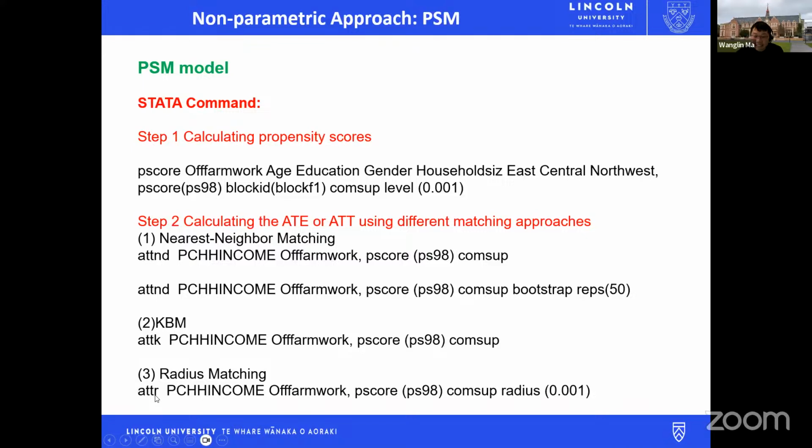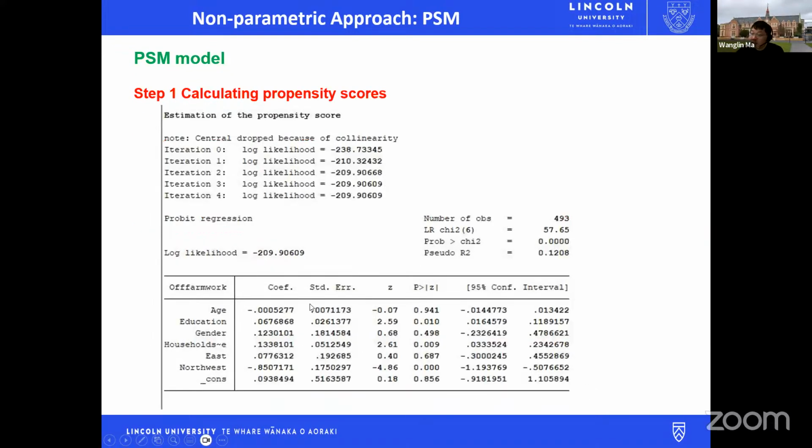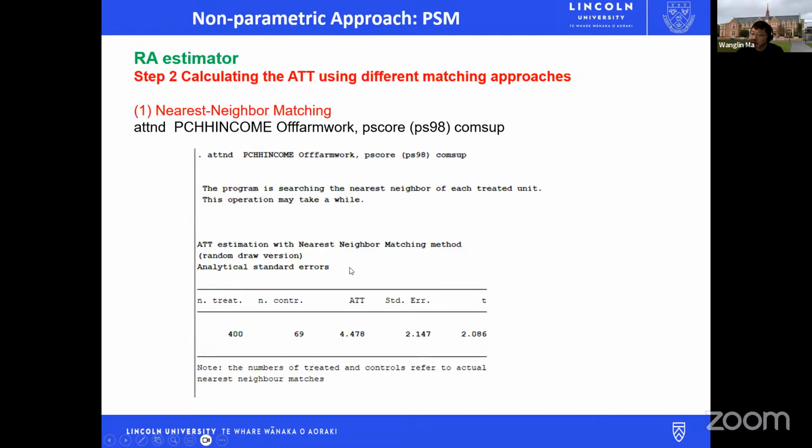Here, att means ATT, r means radius matching, and nd means nearest neighbor. Okay, so these are results generated for the first step, and these are results generated for the second step. I think if we open our data set, we can do the calculation.